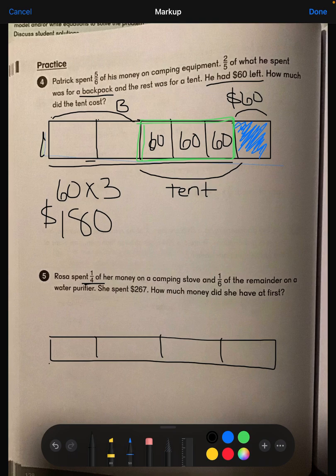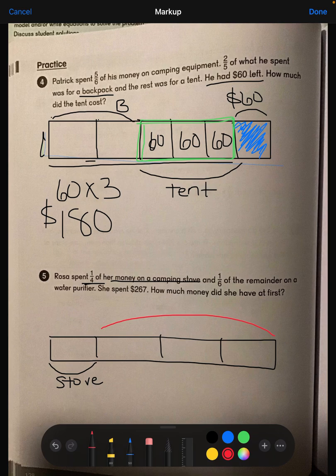We know that 1/4 of what she spent was spent on a stove, because that's what it tells us, and 1/6 of the remainder was spent on a water purifier. 1/6 of the remainder means that all of this that is left is broken into smaller pieces because there are currently not 6ths there.